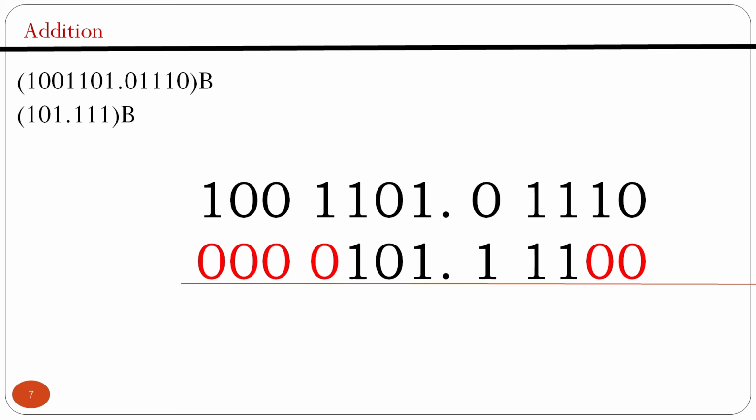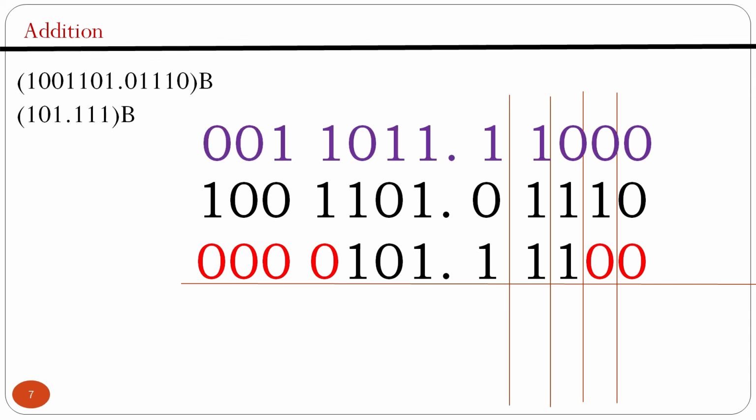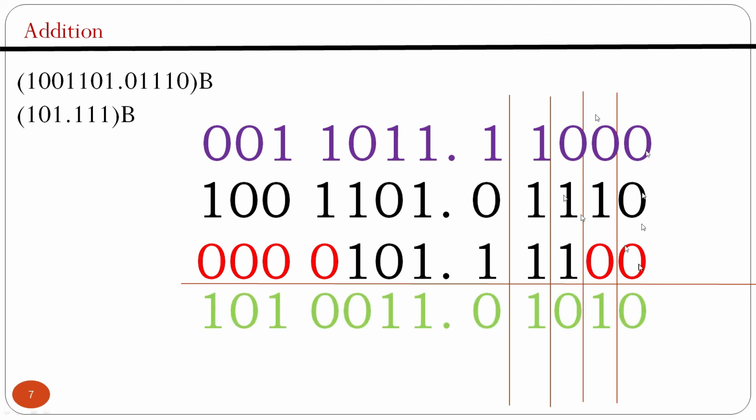So it is a column-wise operation. We have to add these numbers bitwise. Look, no carry, no carry. 1 plus 1 is 1 0, so the carry will be here and the sum will be here. 1 is the carry, so 1 plus 1 is 0 with carry 1.